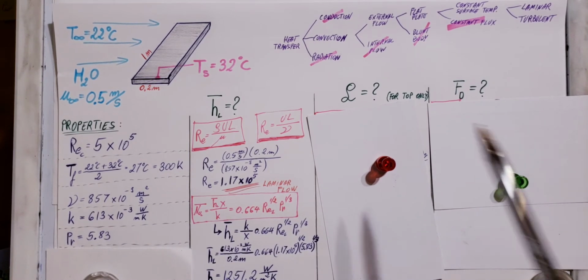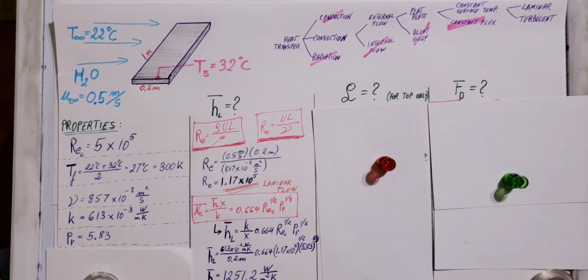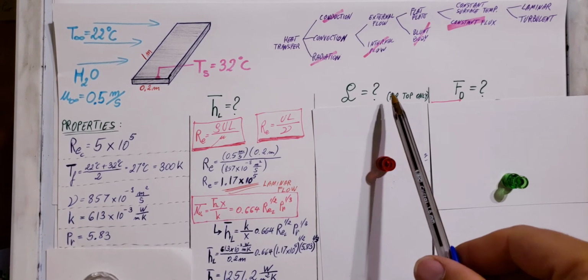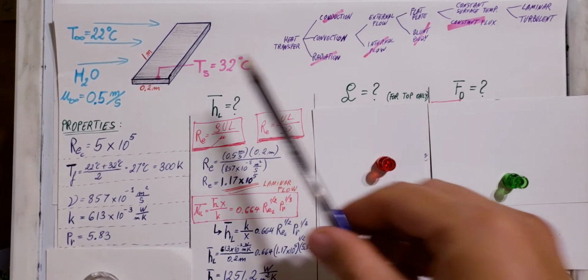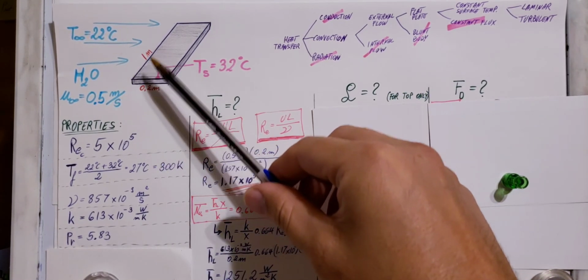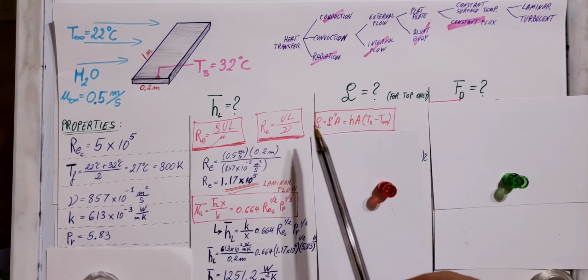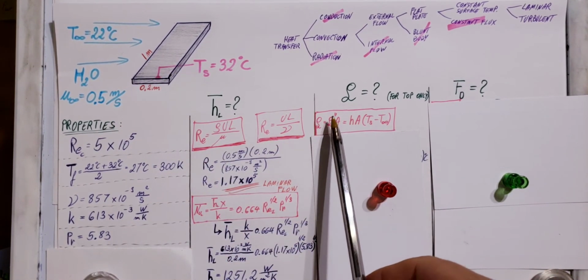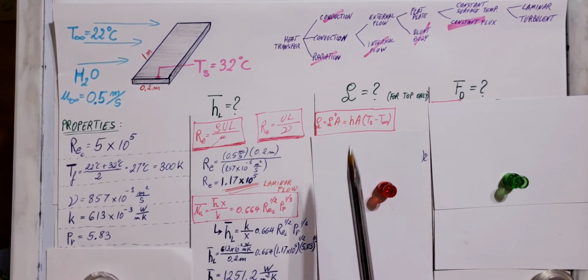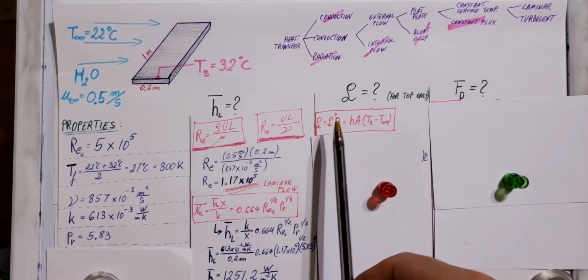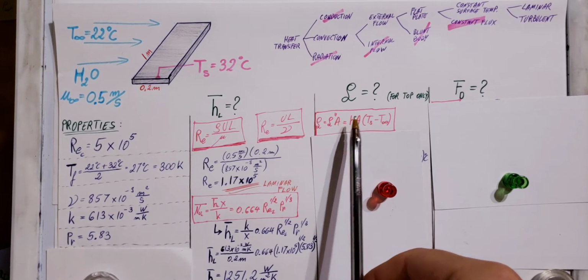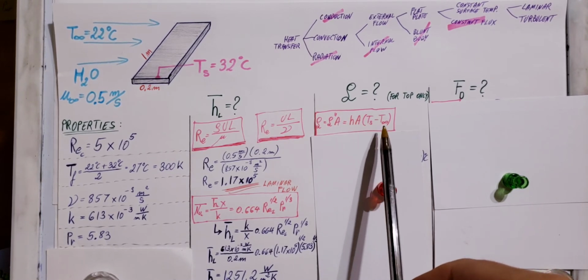Now our next question is the heat transfer rate, and they want us to find it only for the top. We are not worried about both sides, just the top. There's a formula, heat transfer rate equals the flux times area. For the flux, we're going to write h times (Ts minus T infinity).